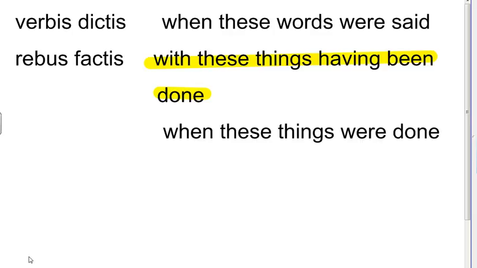However, you will occasionally see a reference to the one that I have highlighted. I encourage you to move forward and translate the ablative absolute with the modern, better English style.